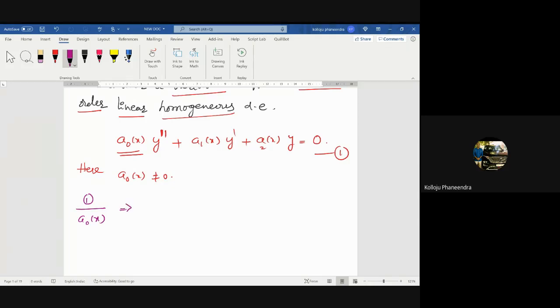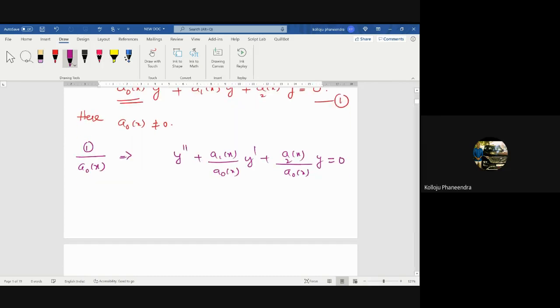Then this becomes y double prime plus a1 x over a naught x y dash plus a2 x over a naught x y equal to 0. This is y double prime plus p of x y dash plus q of x y equal to 0.